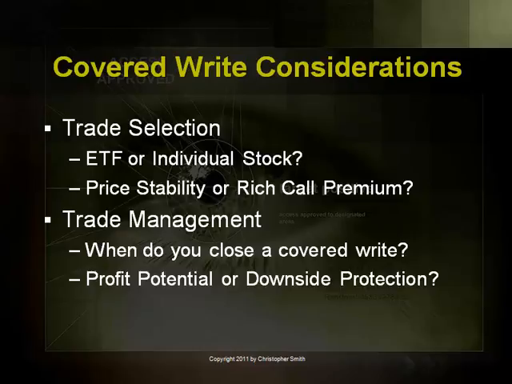Also, trade management decisions. What's more important to you, your profit potential or your downside protection? Sometimes your predisposition might fluctuate. In other words, there might be times when you want to be more cautious, with more downside protection than profit potential.